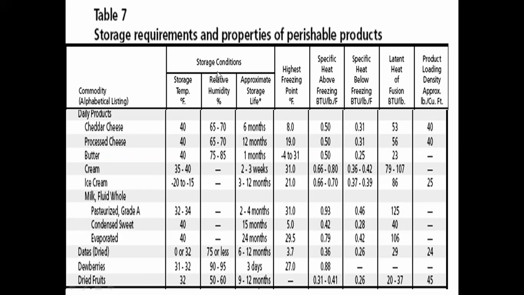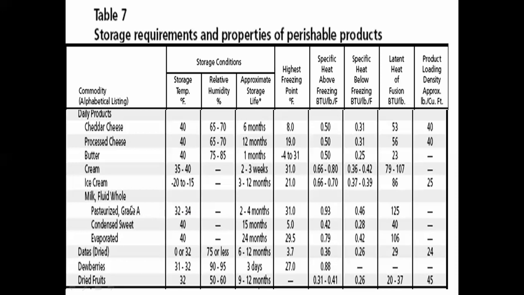And what is our storage condition? What is our storage temperature? It was 35, correct? So we could take this 32 to 34. Then the next one is 40 degrees. Take this temperature, 32 to 34. Actually it is 34, but we just assume it and give it as 35. That's all.